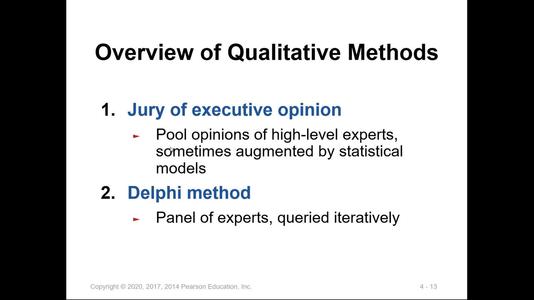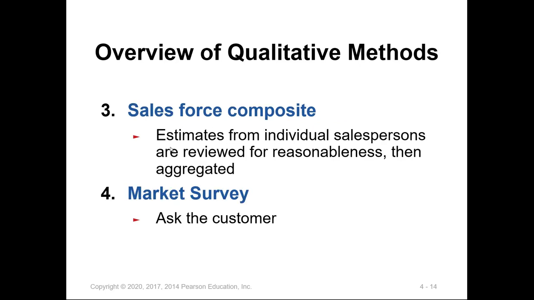Usually they take the average. Salesforce Composite are estimates from individual salespersons that are reviewed for practicality, then aggregated. The last one is Consumer Market Survey, which collects customer feedback through surveys and questionnaires.